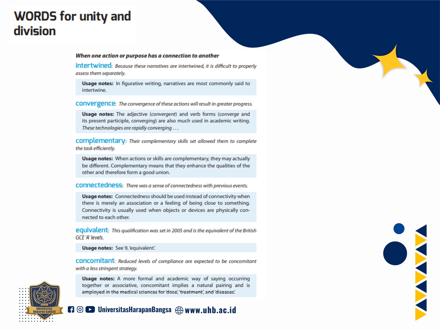Connectedness should be used instead of connectivity when there's merely an association or a feeling of being close to something. Connectivity is usually used when the objects or devices are physically connected to each other. Next is equivalent and concomitant.